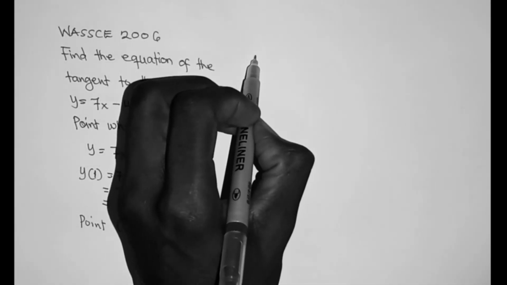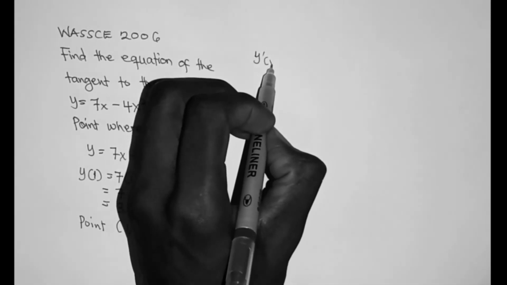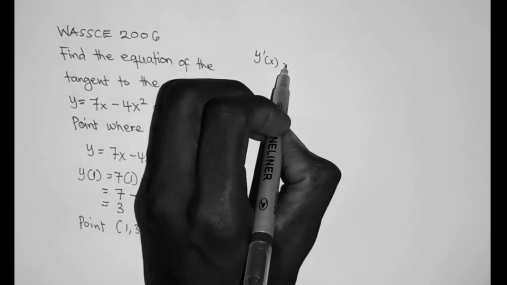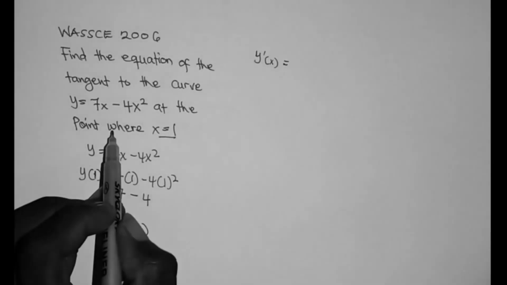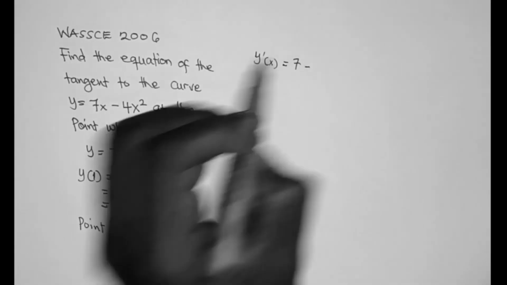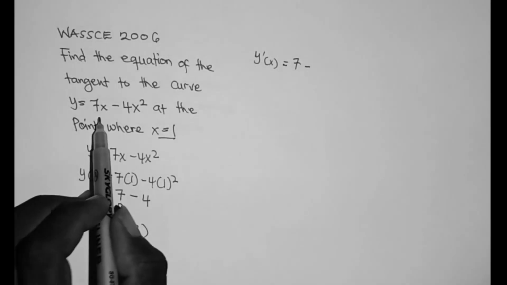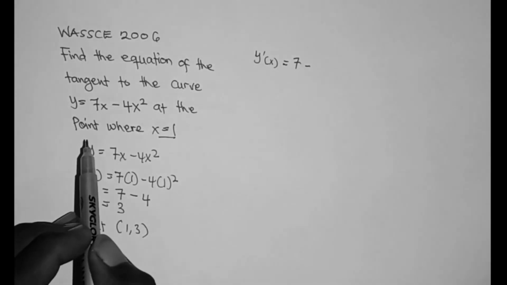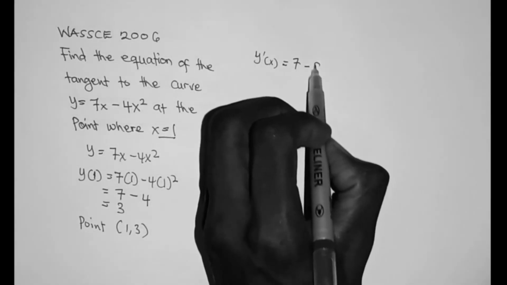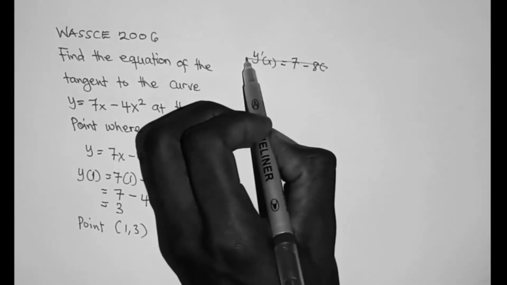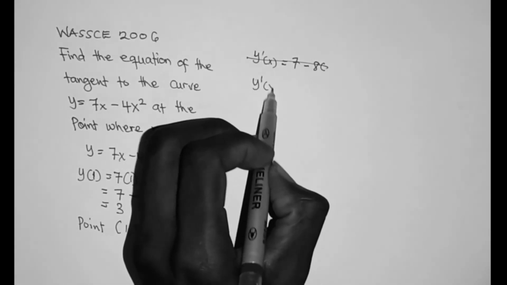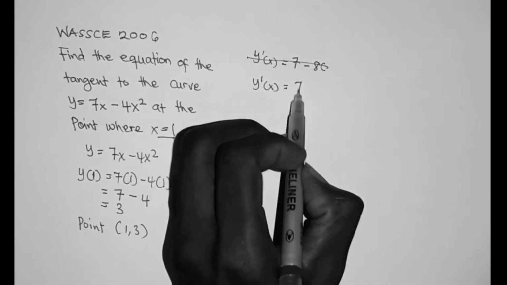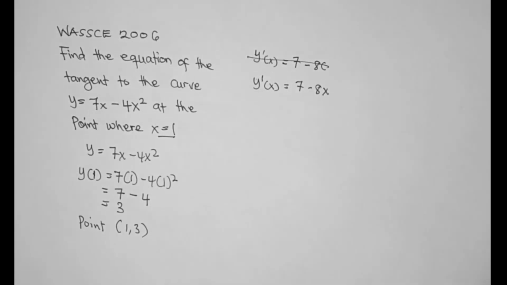So let's then go ahead and find y prime of x, which is the gradient. If you differentiate 7x, you get 7, minus 8x. Let me write it again. y prime of x is equal to 7 minus 8x.